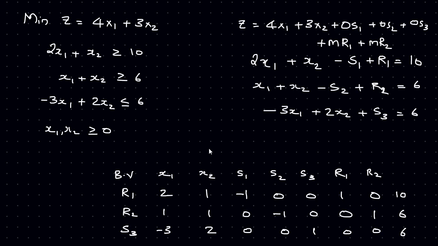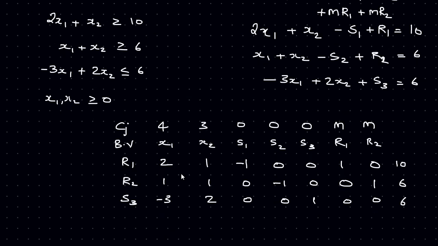We also need to write the cj values, that's the coefficients from the objective function. So for x1 we have 4, x2 3, s1 0, s2 0, s3 0, and for r1 and r2 we have capital M as the coefficient.